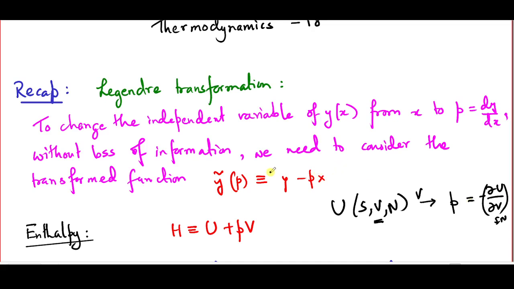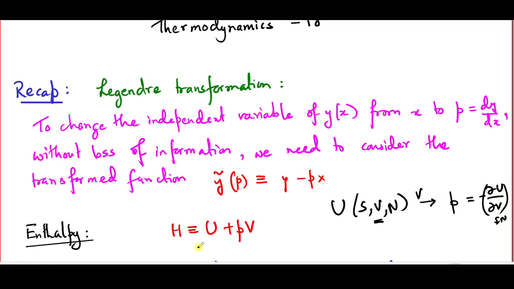So just by following the Legendre transformation formula, which told you that the new function has to be built by subtracting from the old function the variable that you want to get rid of times the derivative that you want to bring in. Here, the variable I want to get rid of from U is V. The derivative happens to be minus P. So we are subtracting minus P times V from U. That is, we are adding PV to U to get this new thermodynamic function, which is called a thermodynamic potential.